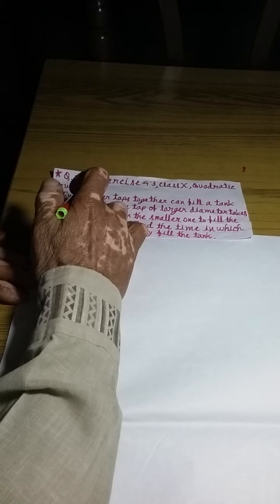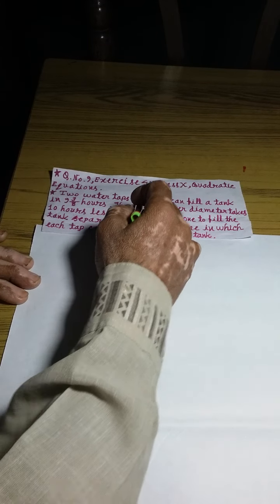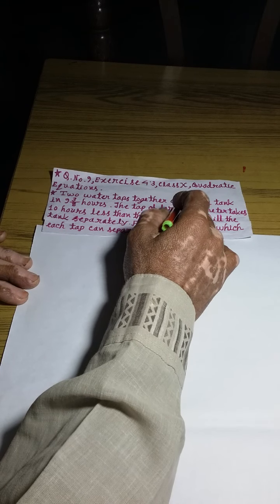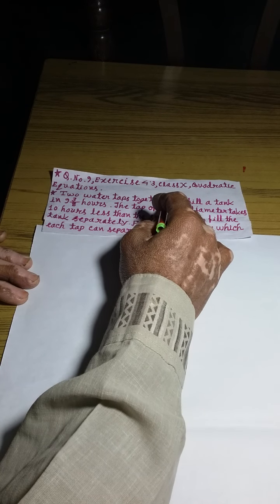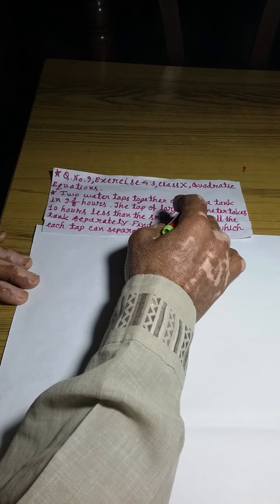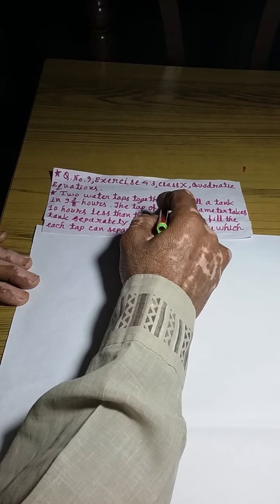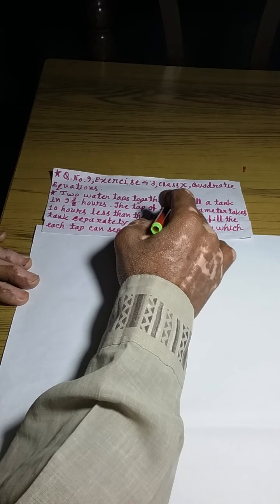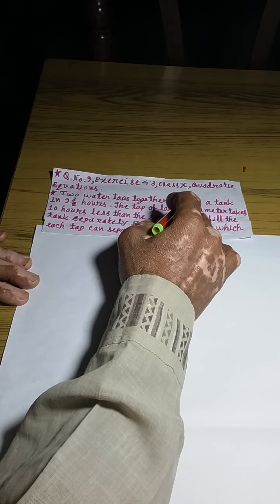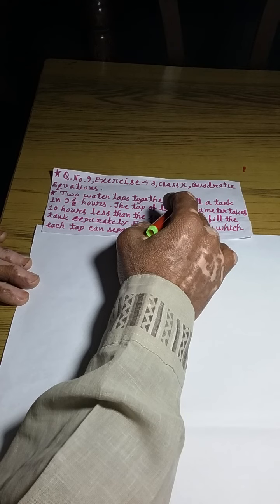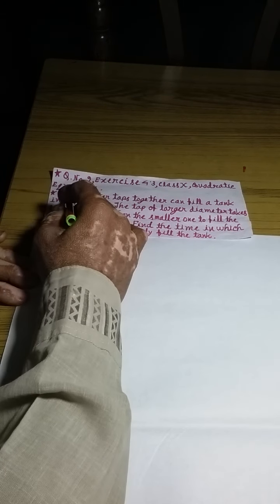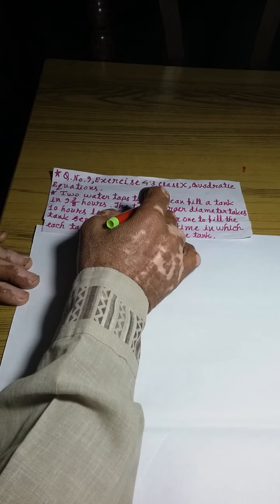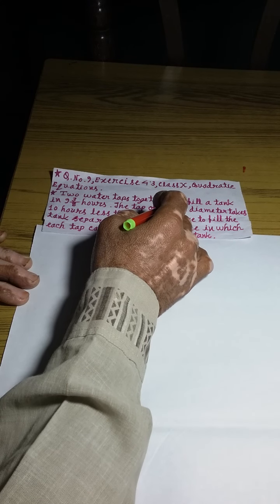Under the given hint, if we allow both taps to fill the tank together at the same time, both take 9 and 3/8 hours to fill the tank completely up to its capacity.